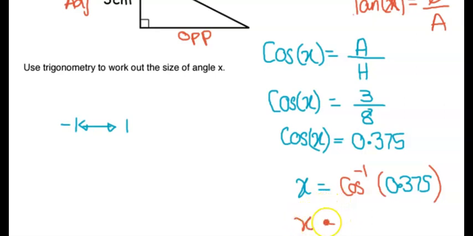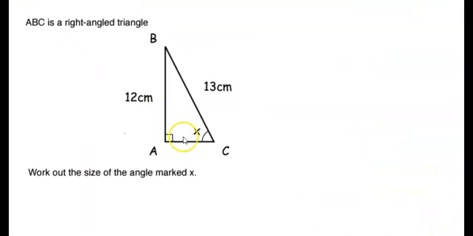Anyone with a calculator, if you can put cos inverse 0.375, what's the answer? 67.97, which is nearly equal to 68 degrees. Okay, now I'd like you to try this question, please.